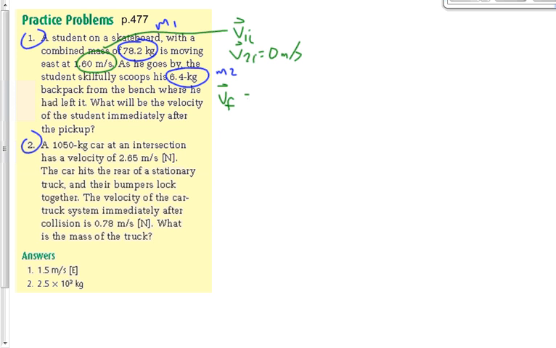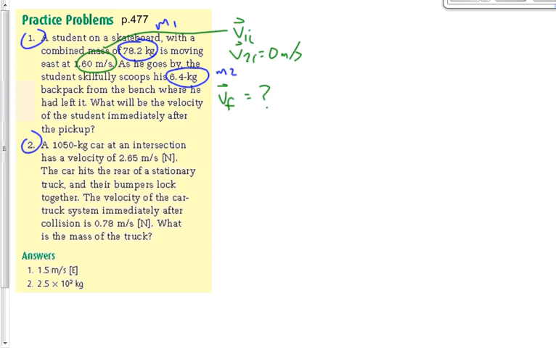Why do I have no number subscript there? Right, there's only one object. If you want to call it V12F to remind yourself that it's objects 1 and 2 combined, you can go ahead and do that. But there's enough small number subscripts up here, so I'm just going to leave that off.